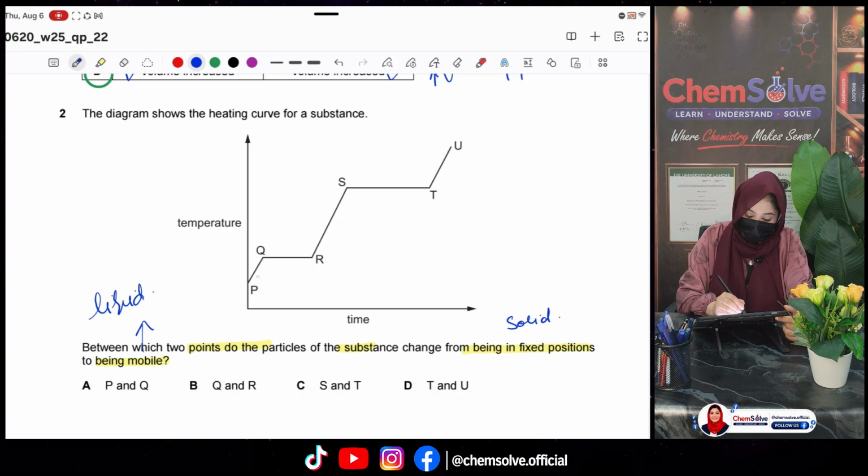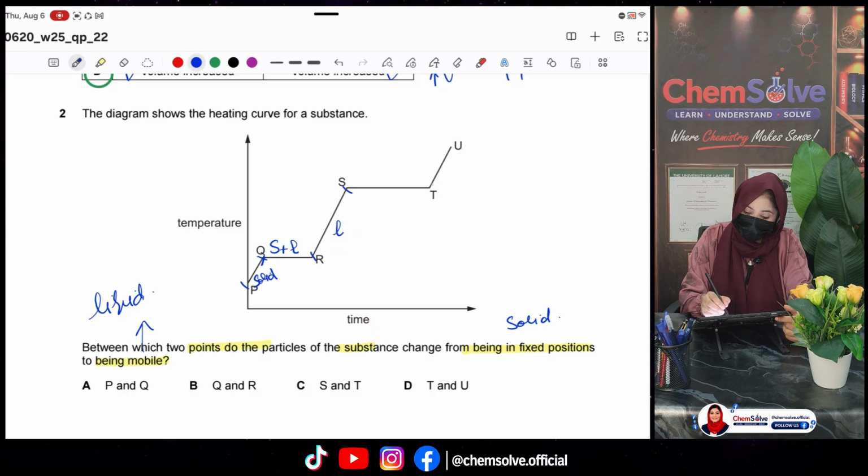When a solid substance is heated, it changes from solid into liquid. So at Q and R, it is both solid and liquid. The whole SR is liquid, the whole QR is solid plus liquid, and the whole PQ is solid.